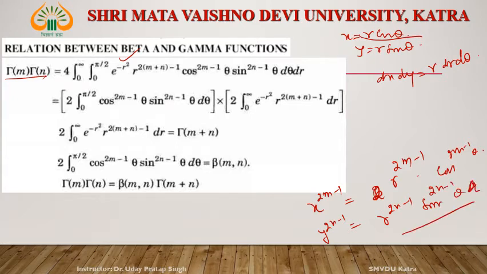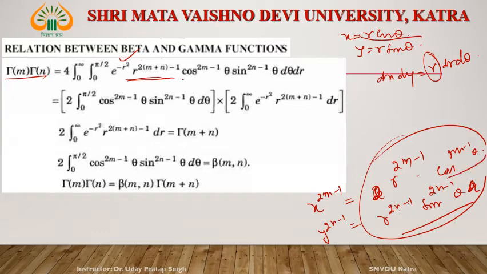Then multiplying these two, r to the power 2m plus 2n minus 2, and 1 minus 2 becomes minus 1 from this r. So r to the power 2m plus 2n minus 1, cos to the power 2m minus 1 theta, sine to the power 2n minus 1 theta, d theta dr.